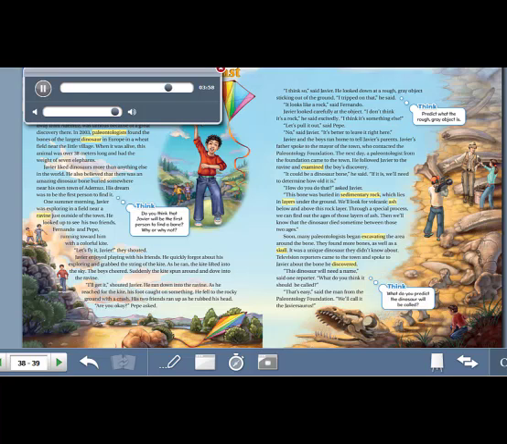Soon, many paleontologists began excavating the area around the bone. They found more bones, as well as a skull. It was a unique dinosaur they didn't know about. Television reporters came to the town and spoke to Javier about the bone he discovered.